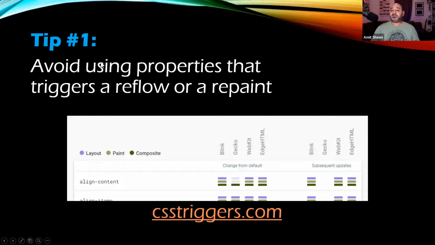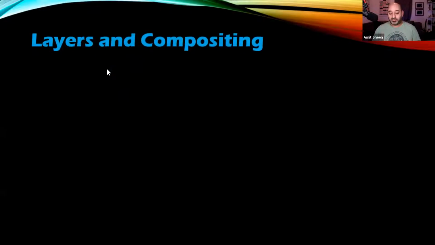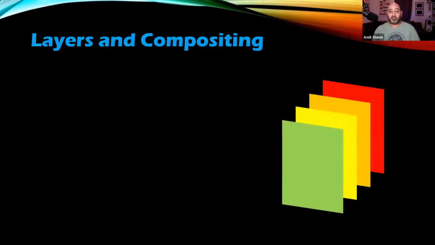And when we talk about web performance, FPS performance, we've got to understand the concepts of layers and compositing. And I know that layers and compositing sounds really boring, so let's give it the sexier title of hardware accelerated animation, because this is actually what it is.